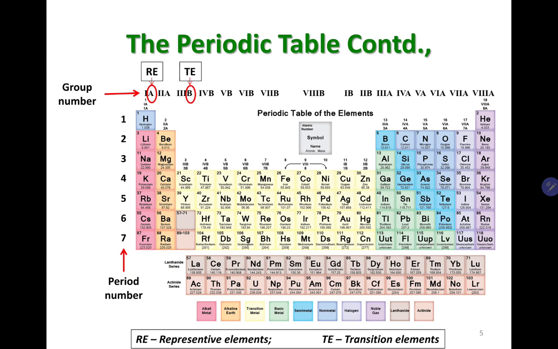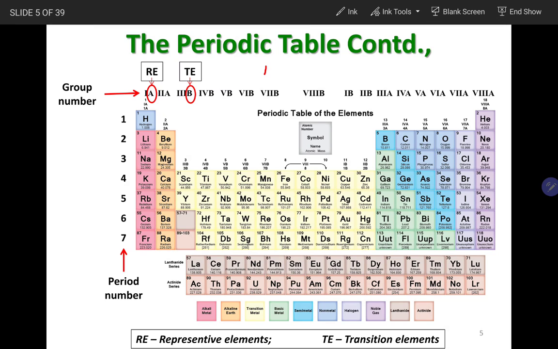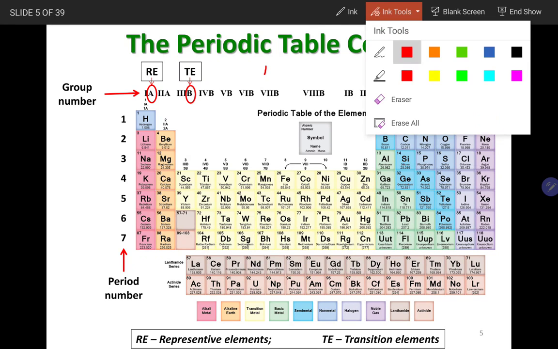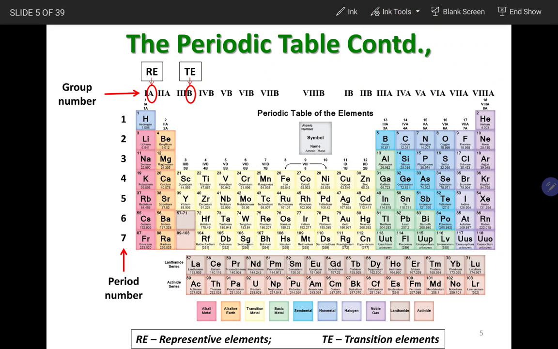And here is an example, guys. Once again, vertical columns are known as groups. These right here are group numbers. As you can see, group numbers have a Roman numeral. Roman numerals use symbols like I, V, X, the common symbols we use to identify Roman numbers.